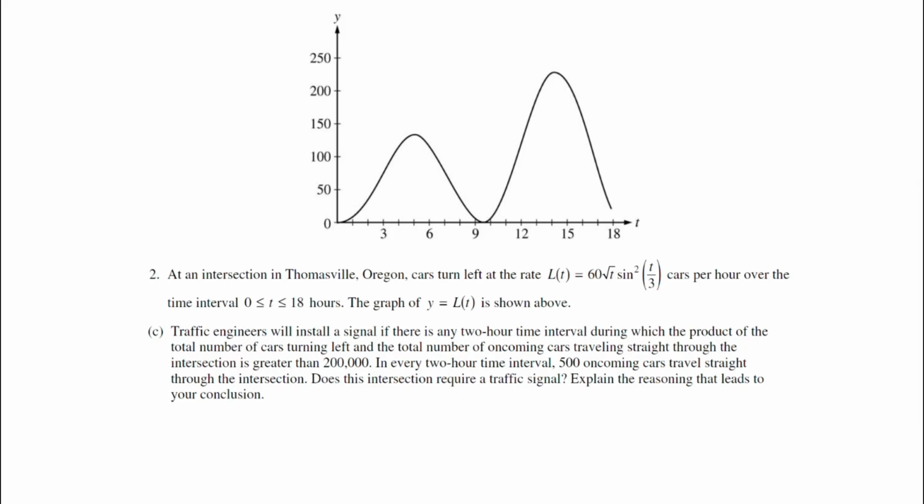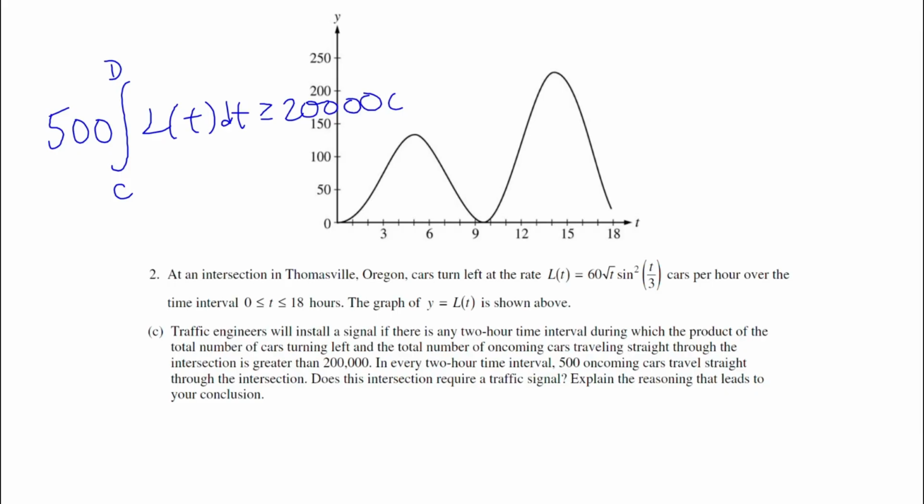Well, first of all, let's set this up, right? 500 times the integral from, we'll just call it C, some C to some D of L of t dt. We want to know, is that ever greater than or equal to 200,000? Actually not greater than or equal to, but just greater than. Is it ever greater than 200,000?